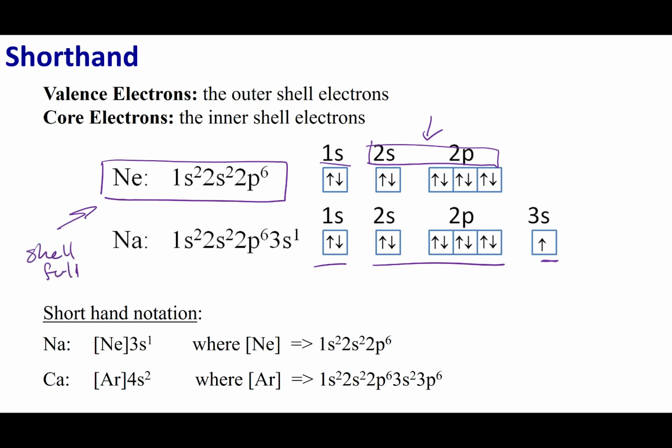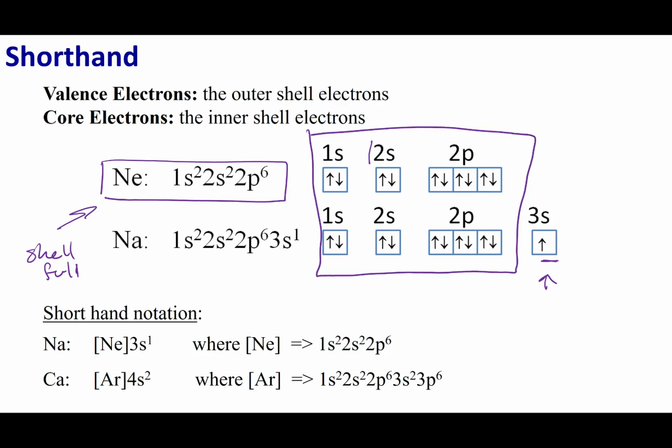If the noble gases represent a full shell, and the outer shells of all the other elements are unfilled, I can describe the inner electrons in terms of a noble gas. What I mean by that is if I look at the inner electrons of sodium, I can see it exactly matches that of neon. And I can split up my electrons into 2 categories.